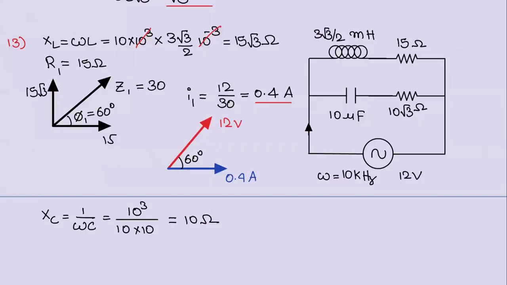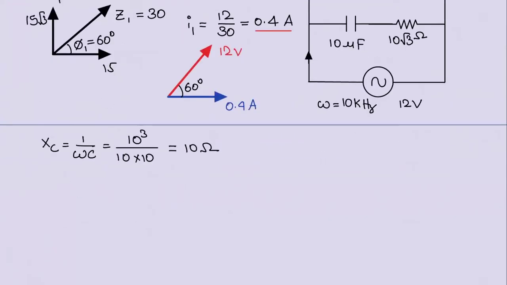XC is 10 ohm. Then we have to write the phasor because they are in series. I'll quickly write the phasor. This is R and this is XC. So what is R? 10 root 3 ohm.